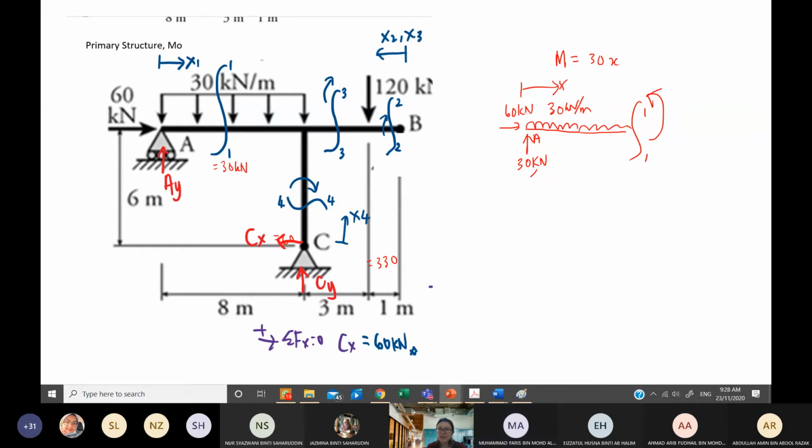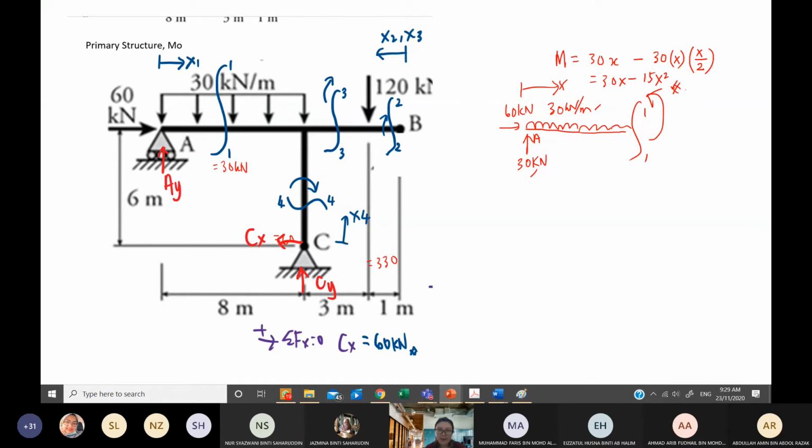Then you have another 30 kilonewton per meter. It will be negative. 30 times the distance, sorry, this is X minus 2. Okay, so we have 30X minus 15X squared. So you solve for 1-1.